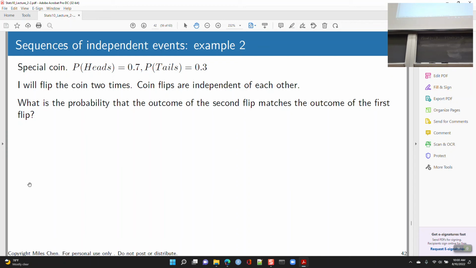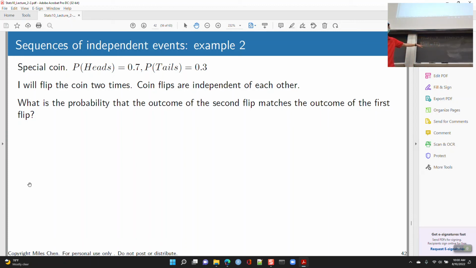Heads, heads counts. Tails, tails counts. So now we want to know, what is the probability of getting heads, heads, or getting tails, tails?